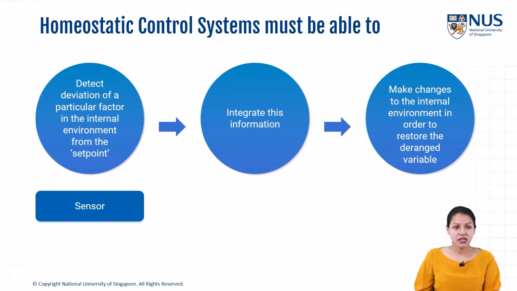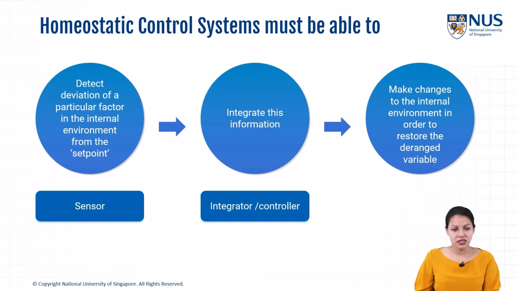So, changes to the set point are detected by what's called a sensor. And the information is sent to other organs or systems which act as integrators or controllers, and they send signals to what's called an effector to make changes.